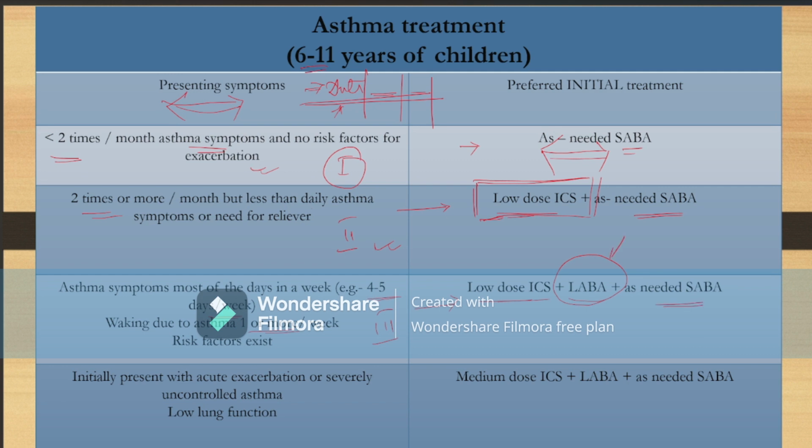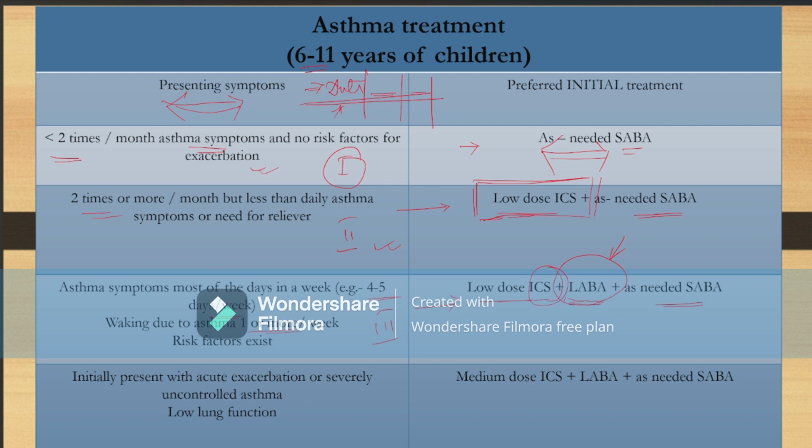This is the new change in the GINA guideline. Previously, long acting beta agonist was not present in stage 3 therapy, but now it is given in stage 3 therapy along with the inhaled corticosteroid.